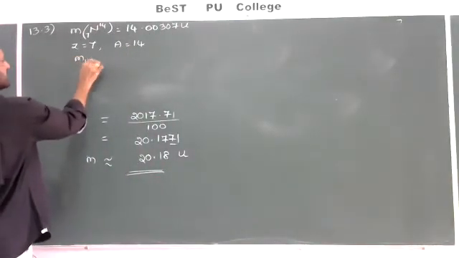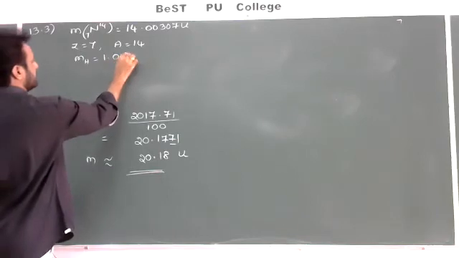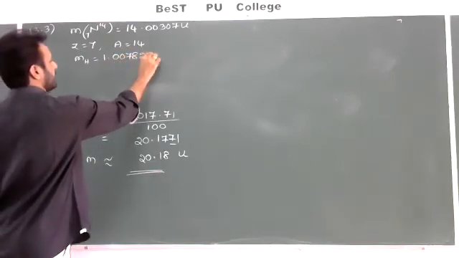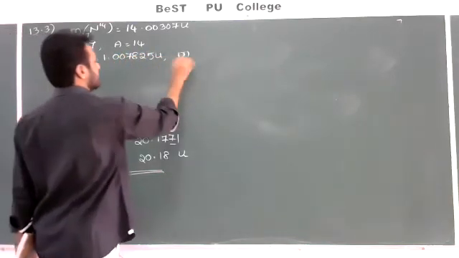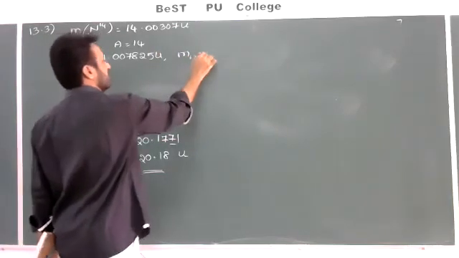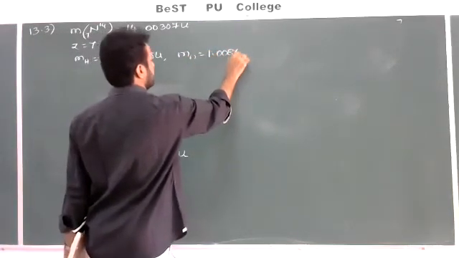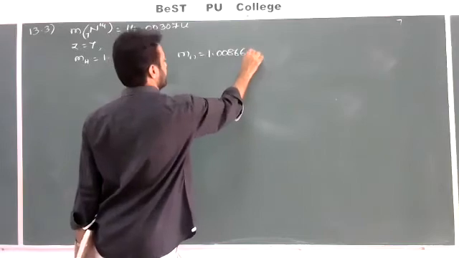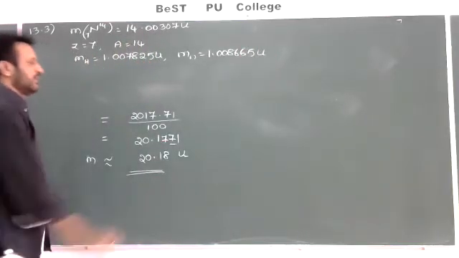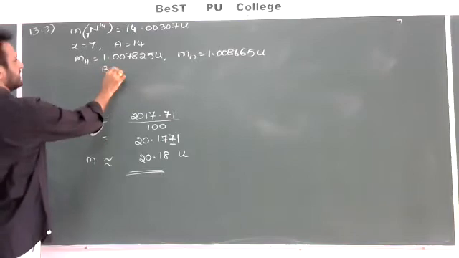We can write mH, mass of the hydrogen, is equal to 1.007825 AMU. Mass of the neutron is 1.008665 AMU.